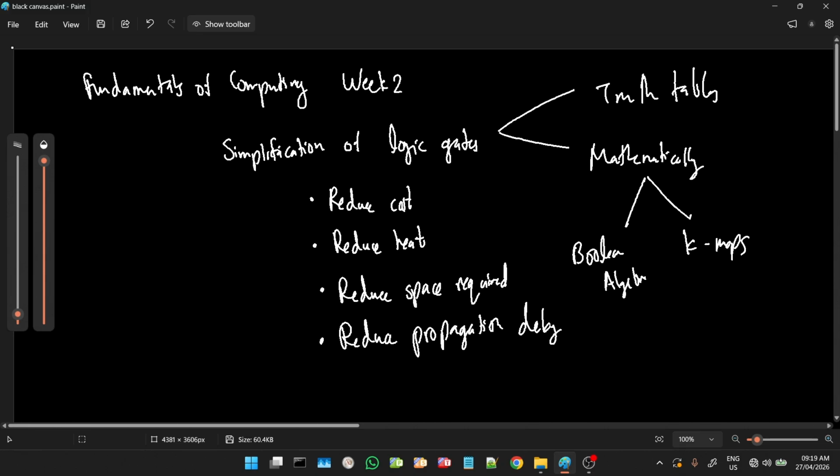So what is K-maps? Well, forgive me if I'm butchering this, but I think it's Karnaugh maps. So anyways, let's say that you have an input. Let's take A, B, right? So what you can do is you can write all of its variables.